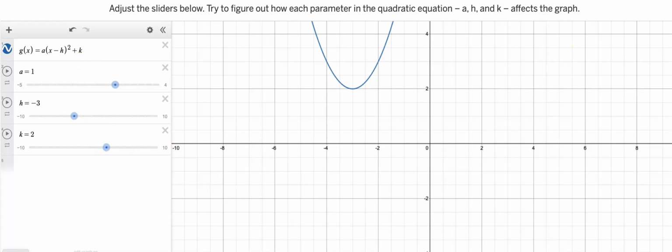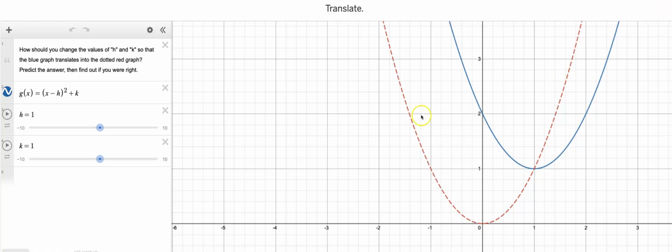All right, so let's look at this one next. On this, we want to think, how could I change the values of h and k, moving my sliders, so that the blue graph translates exactly onto the dotted red graph?